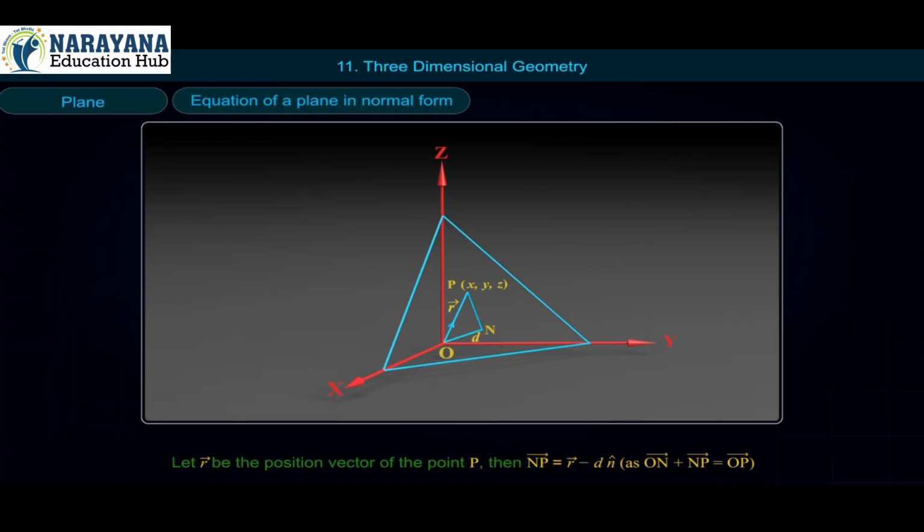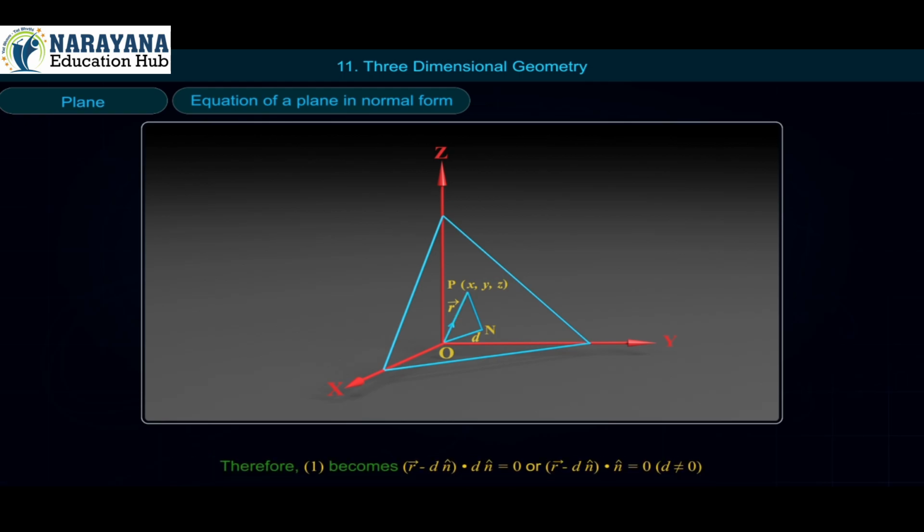Equation 1. Let vector r be the position vector of the point P. Then vector NP is equal to vector r minus d n cap, as vector ON plus vector NP is equal to vector OP.